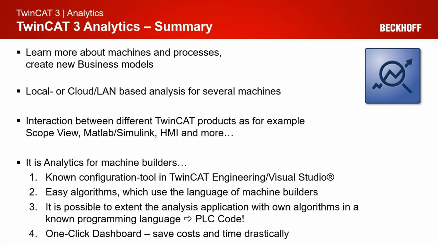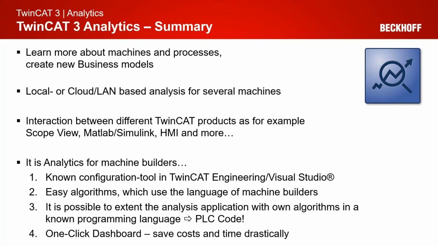And also, it is a good tool to create new business models, to have a good relation to your end customers, not just sell one machine and then we talk again in 10 years. Have a close relation to your end customers, and this can be based on data logging and data analysis.